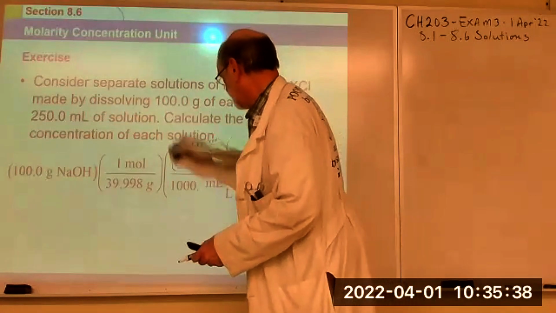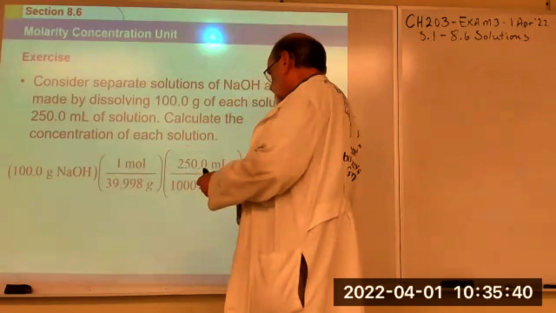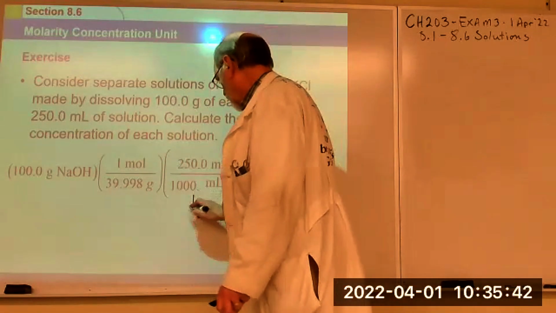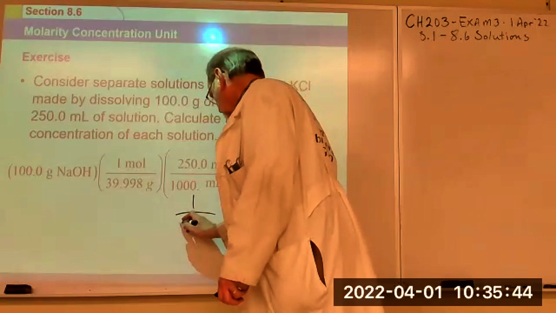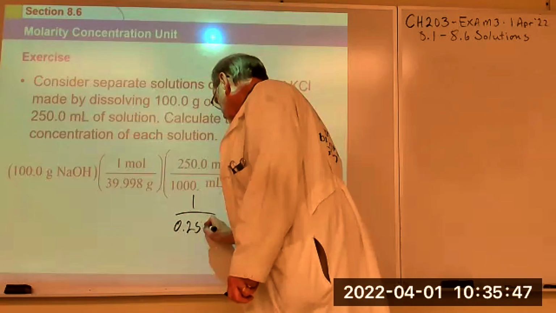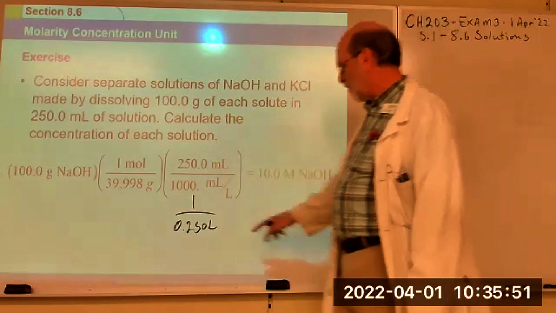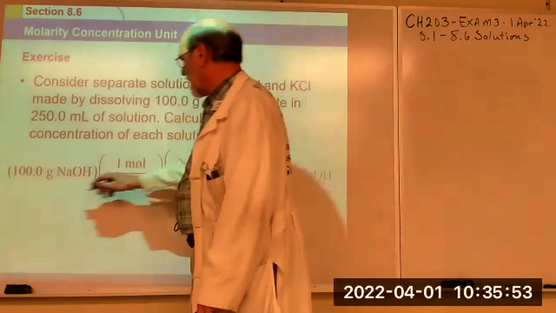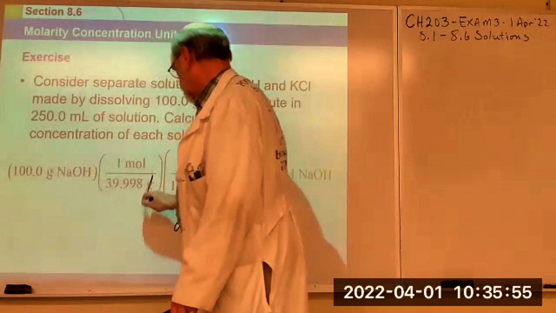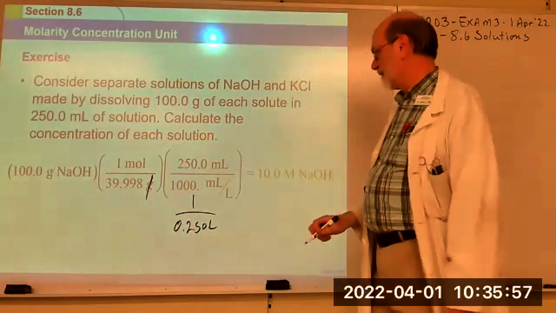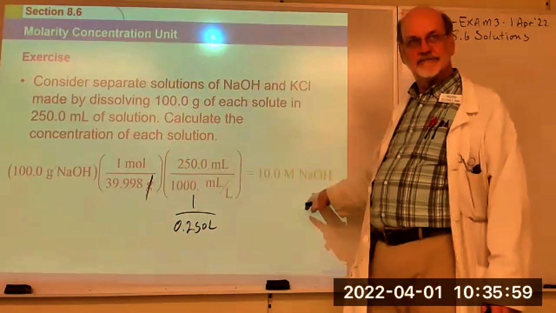Probably would have been simpler just to say 1 over 0.250 liters. There you go. Put liters on the bottom, moles on the top because grams cancel. And that will give you molarity.